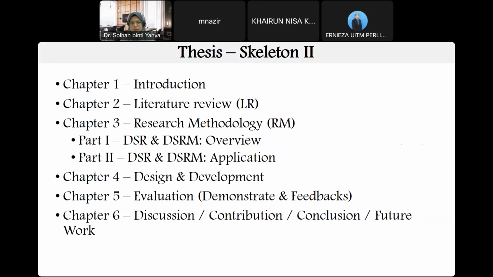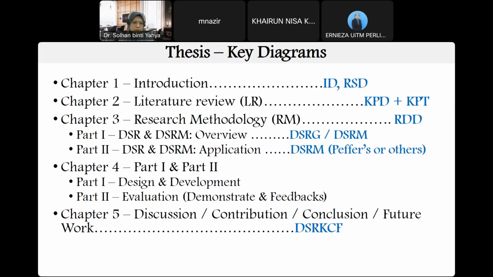Okay, for today's exercise, I will base it on skeleton number 1, right? I assume that the student coming in is industry-based or a practitioner doing the PhD, and they want to adopt the design science research framework. So chapter 1, introduction, chapter 2, literature, chapter 3, part 1 and part 2, and then I'm using the template given by Peffers for the DSRM.